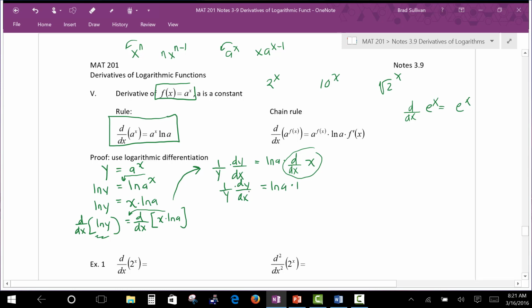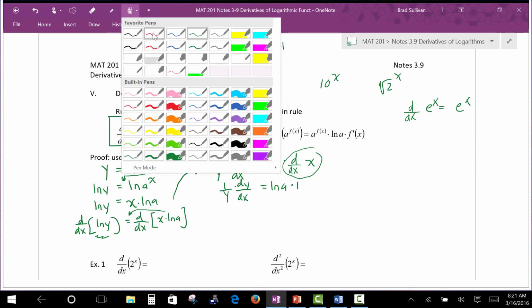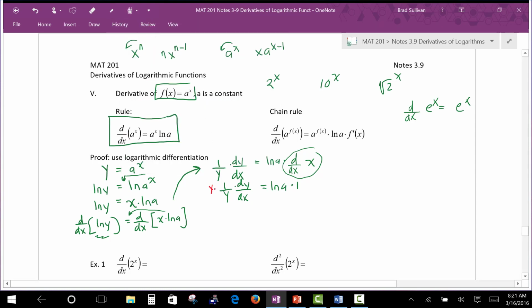I got to solve this equation for dy over dx, so what do I have to do? Now, I got to multiply both sides by y, so I'm going to multiply this side by y, this side by y. That's going to now leave me with dy over dx is equal to ln of a. Okay, now what do you have to do with y?